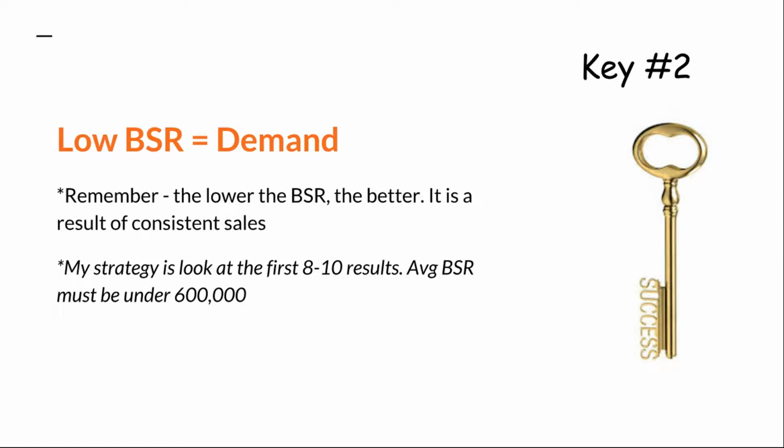Once you put the BSR in that sales estimator, I found out that around 550,000, that's when it's making at least 5 sales per month. Anything over that is not making sales. I put 600,000 just for a little bit of wiggle room, I guess. But anything under that would be great for me. I'll probably get into that niche. Now, like I said, this has to be the first 8 to 10 listings in order for me to proceed with that niche.